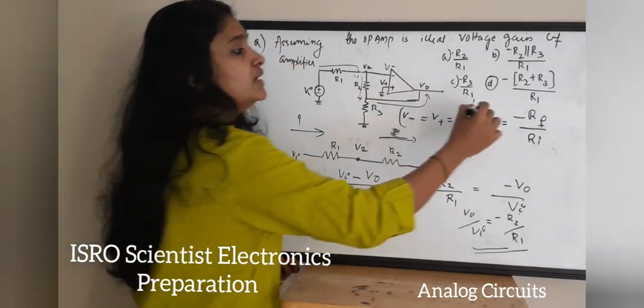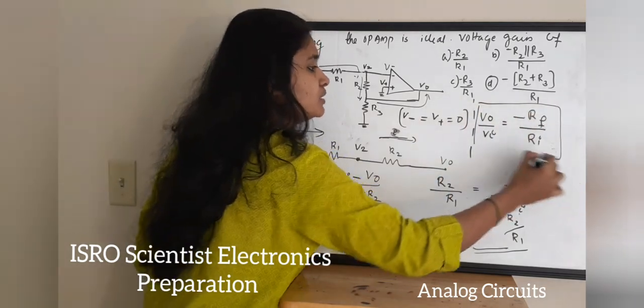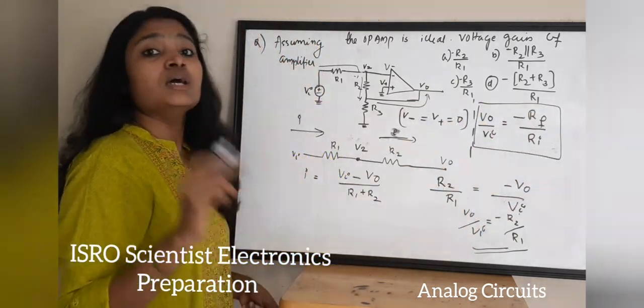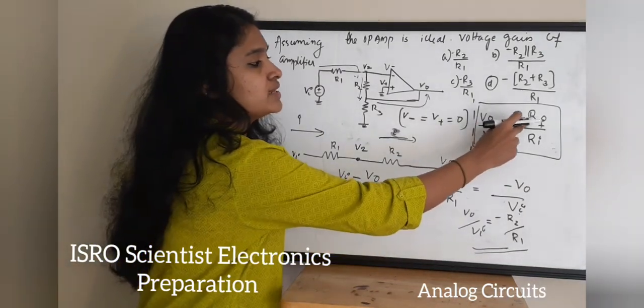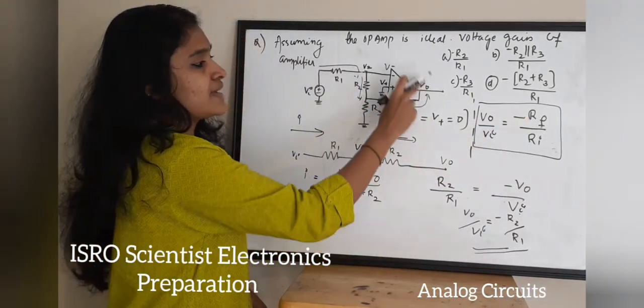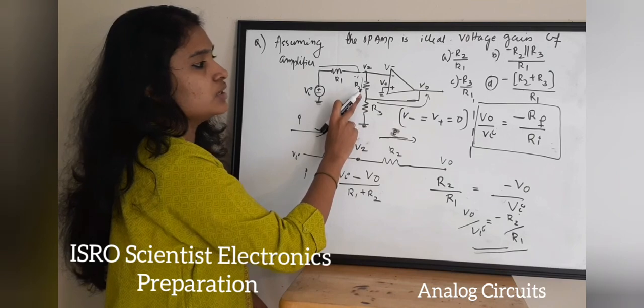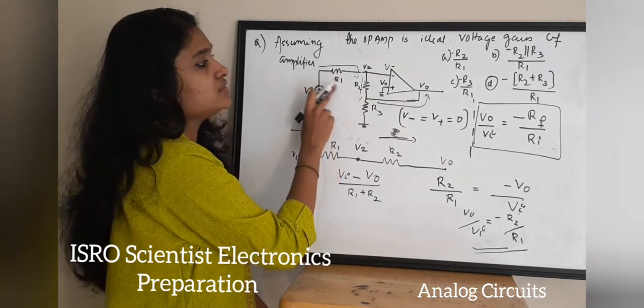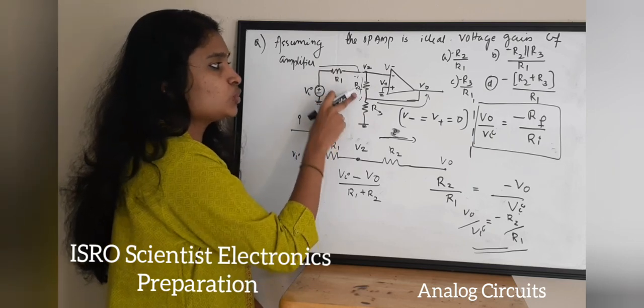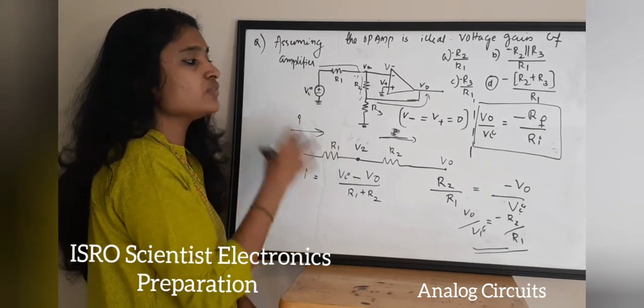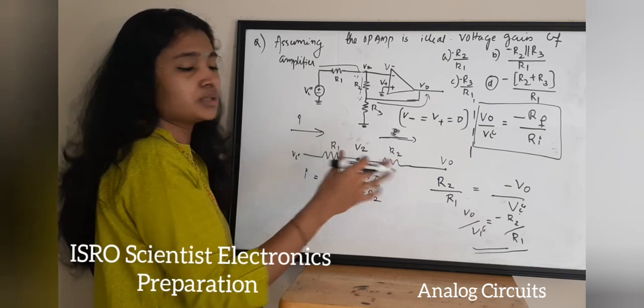This is a standard equation for the gain of an inverting op-amp. So if you examine this, you can see this is your RF and this is your Rin. So you can write it like minus R2 by R1. This is what we have also obtained from this path.